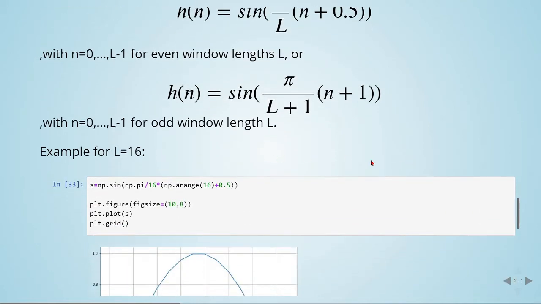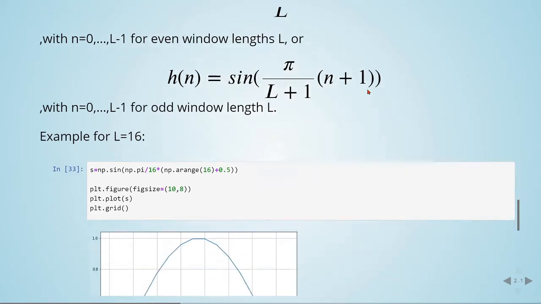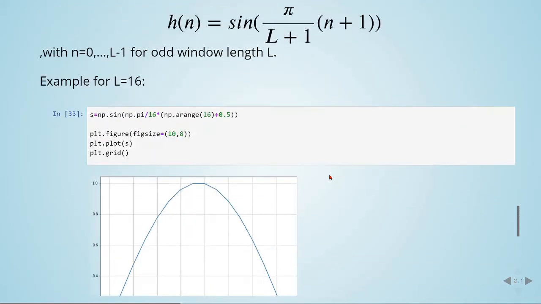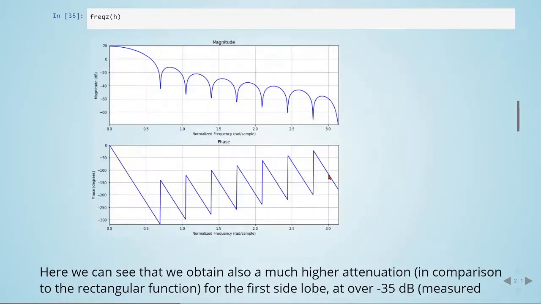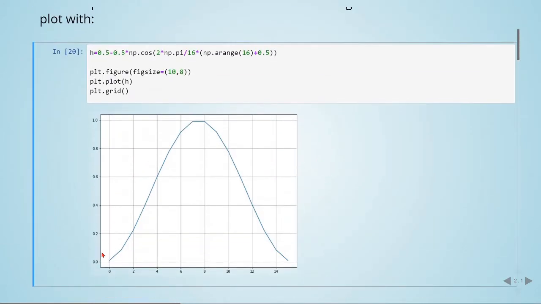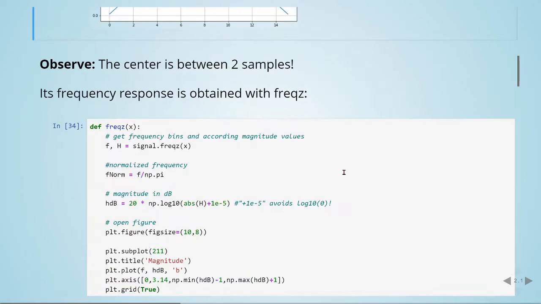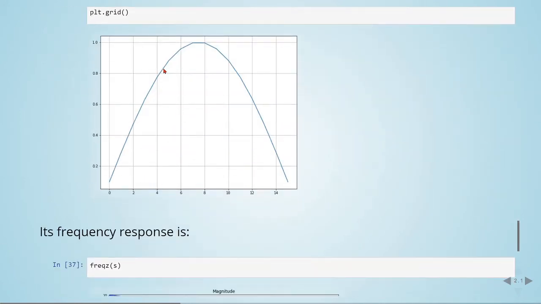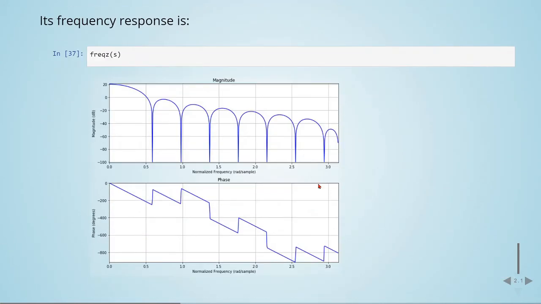An example for even length, where L is equal to 16, using the sine window, is given by this plot here. We notice it is quite different from the raised cosine. We have this shape here, and with the sine we have this shape here.